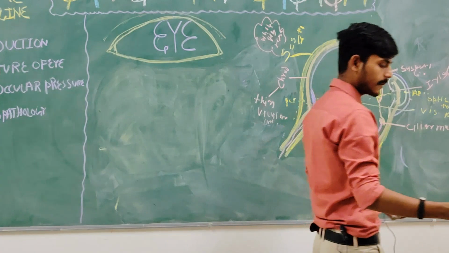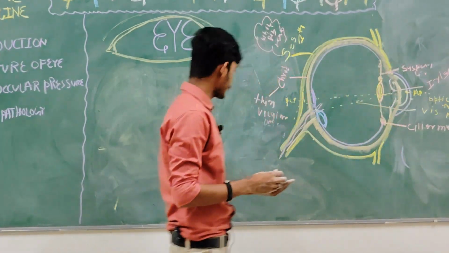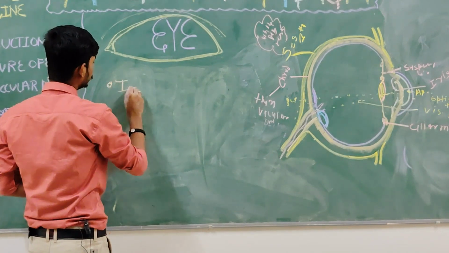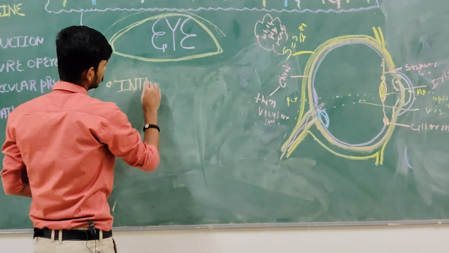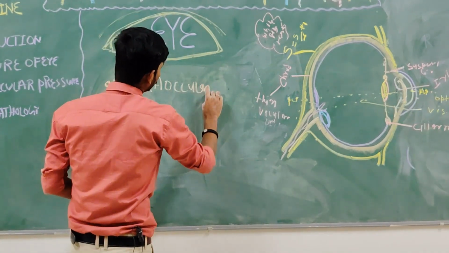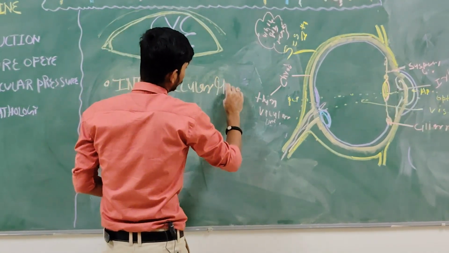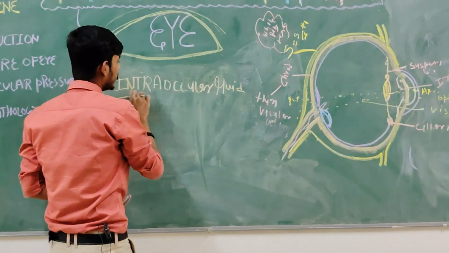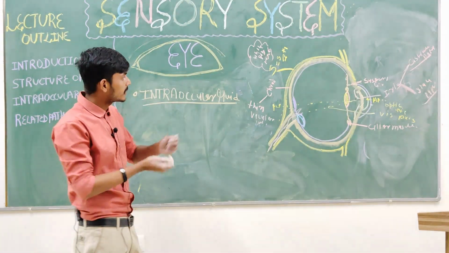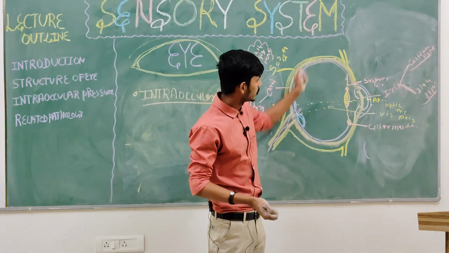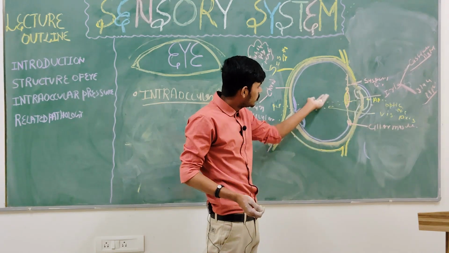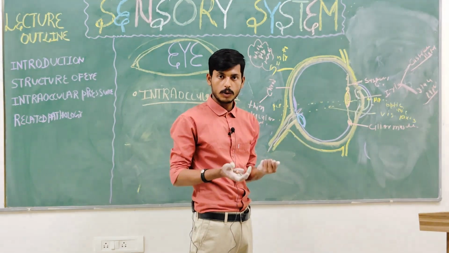These fluids are basically meant for giving the shape to the eyeball, because inside the eyeball is hollow.